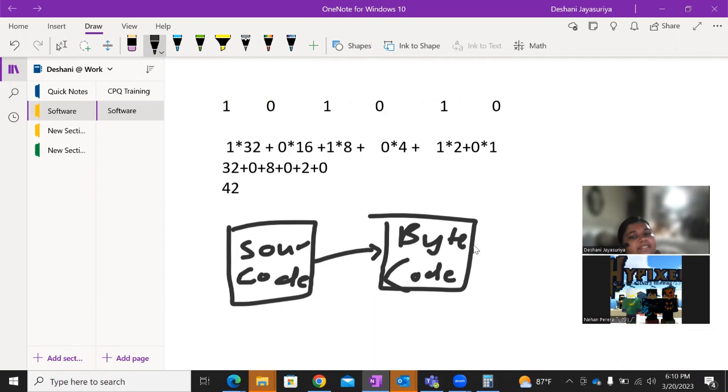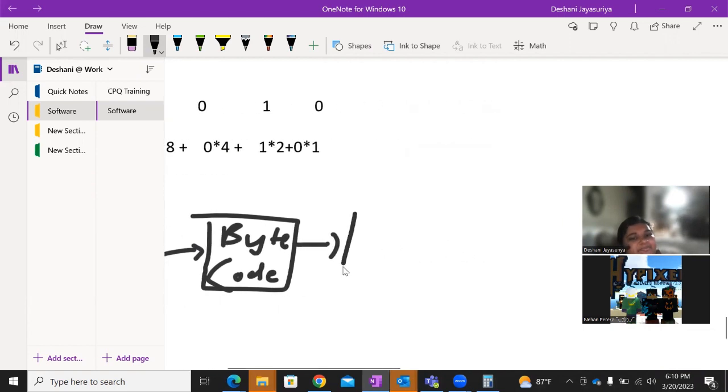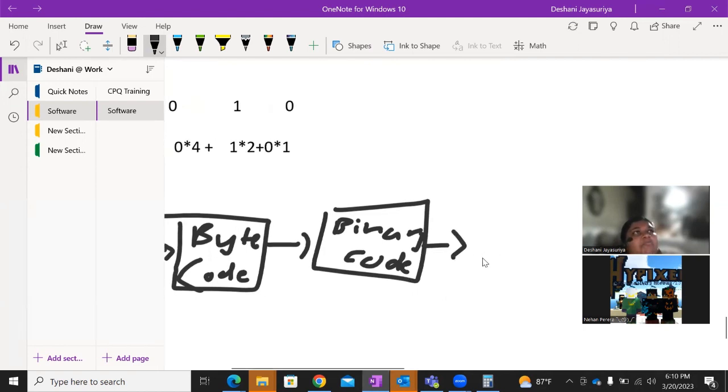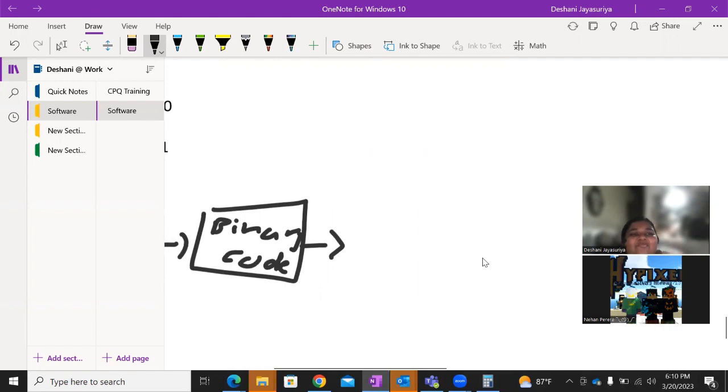Then this bytecode will be translated to binary. Now the computer understands this is binary. Next, your question is about how we get it from binary to English.